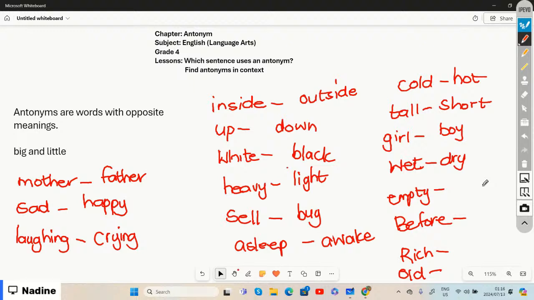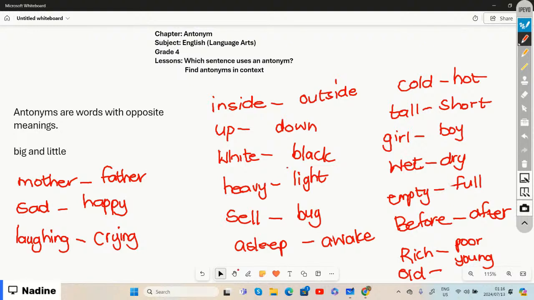The glass or cup is either empty or the glass is full. You are either standing before me or you are after me, and you're either rich or poor, you either old or you young. Yes, well done.